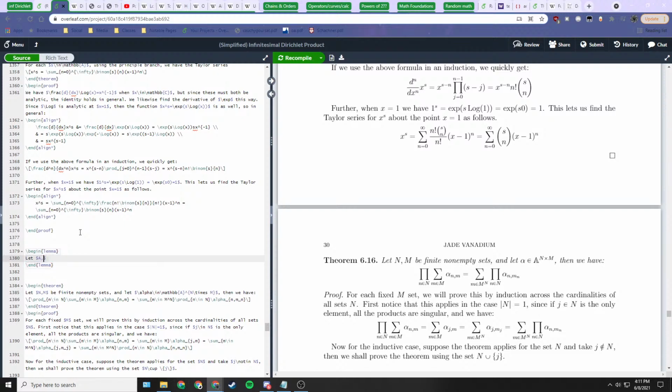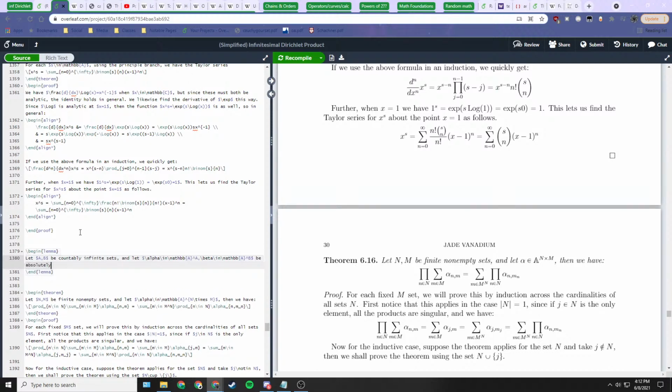We can say let A and B be countably infinite sets, and let alpha be in A and beta be in B, be absolutely summable.